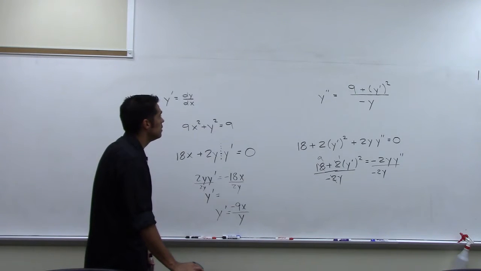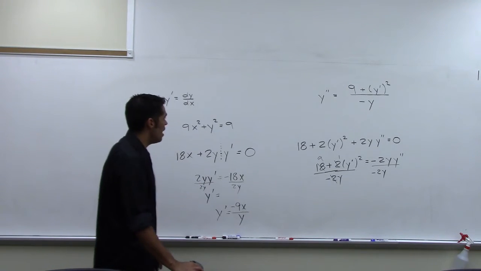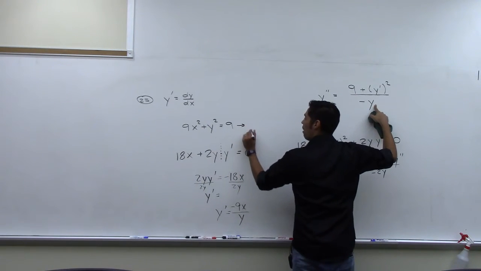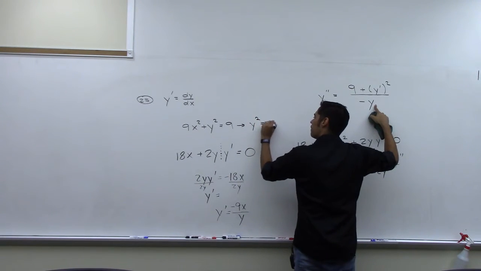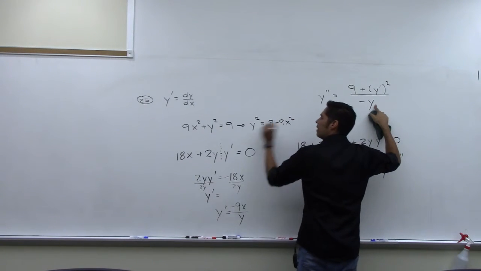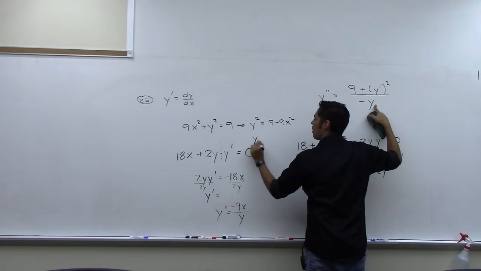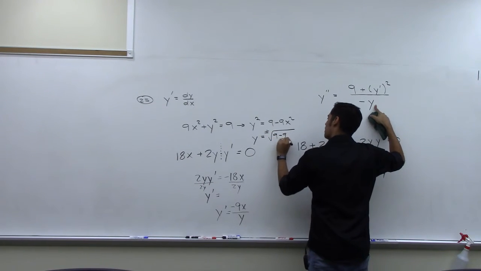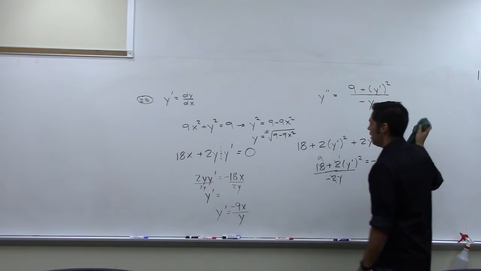And for the bottom here, I need a y. So I could solve this for y by moving this to the other side and then taking the square root. And you can get plus or minus the square root of 9 minus 9x squared.